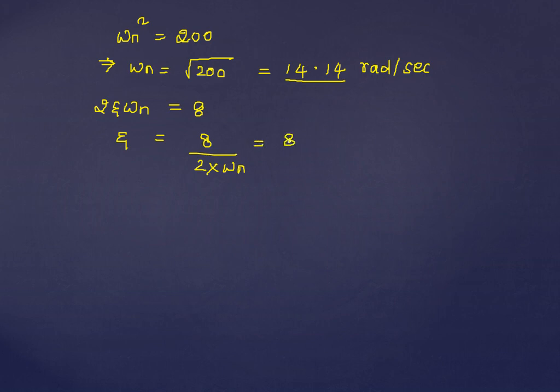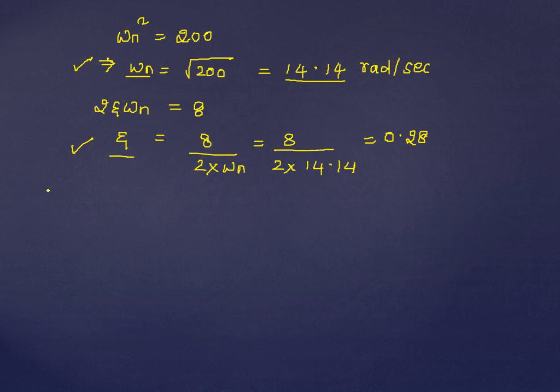So the zeta value becomes 8 by 2 into 14.14. So here we are getting 0.28. Now we have calculated the zeta value and omega n value, so with the help of these two values we are going to find out the frequency domain specifications.